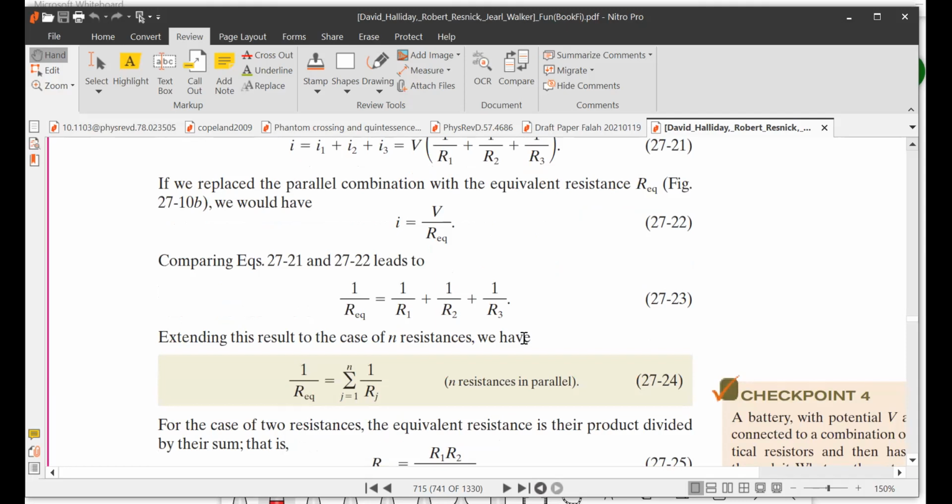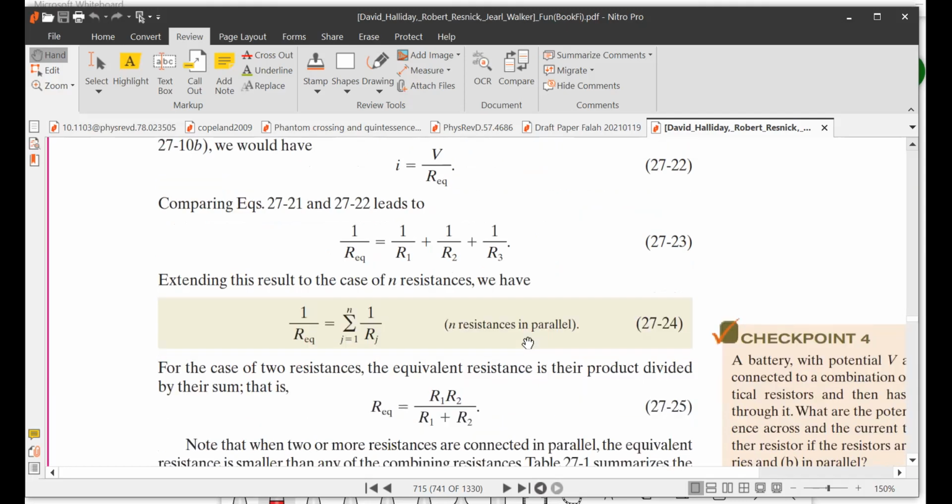If there are many, for example n resistors in parallel, you just sum 1 over Rj, where j is from 1 to n. So this is the parallel.